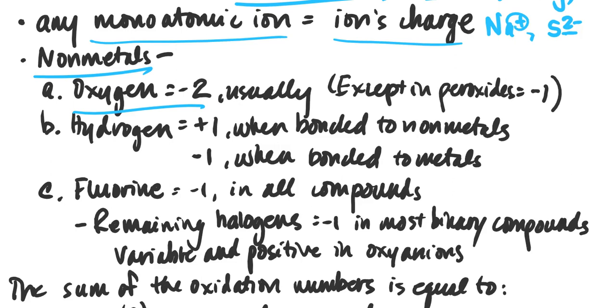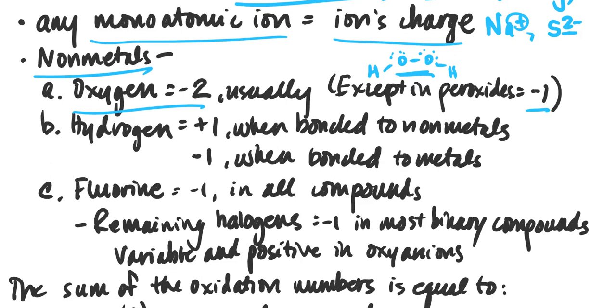The only exception is if I have a peroxide. Now, a peroxide is a substance that actually has oxygen atoms bonded in succession to each other. So if I have a molecule that has this particular arrangement, then that's a peroxide, and each oxygen within the peroxide would have an oxidation number of -1.